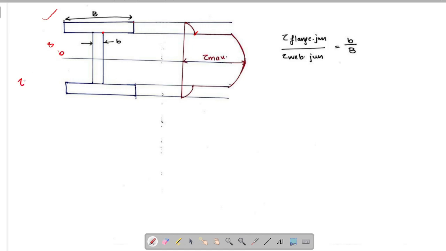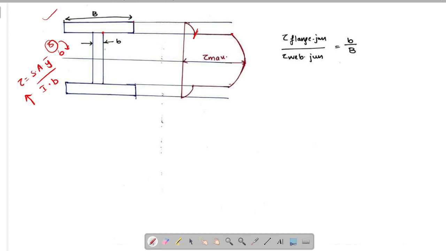We know the shear stress formula is S A y bar by I into B. Here, B is decreasing from capital B to small b. So, shear stress will be increasing. That means, just above the junction in flange region, shear stress will be this value, and just below the junction in web region, shear stress will be this value. There will be a sudden increase in shear stress.